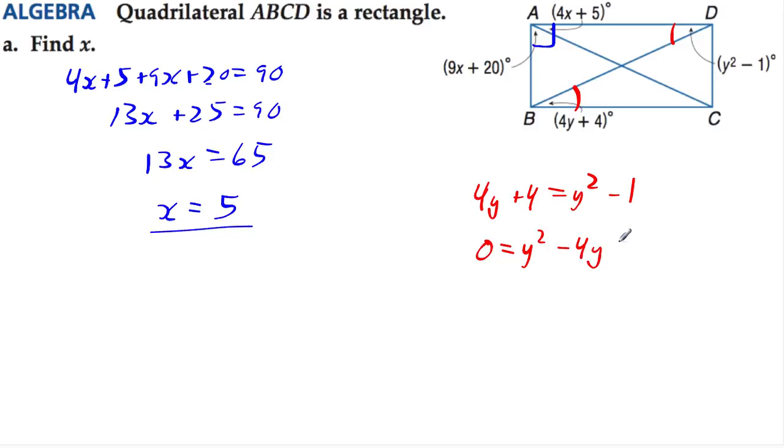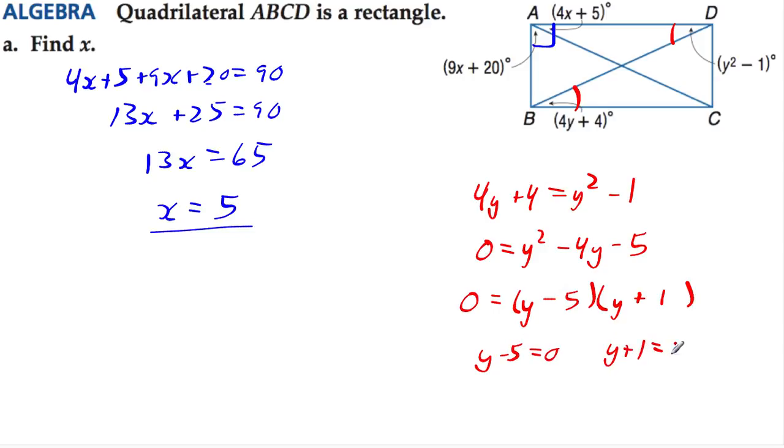So y squared minus 4y minus 5. This is a quadratic we can factor. So we get y minus 5 and y plus 1. So we set both of these equal to 0. So y minus 5 equals 0, y plus 1 equals 0. So we get y equals 5 or y equals negative 1.